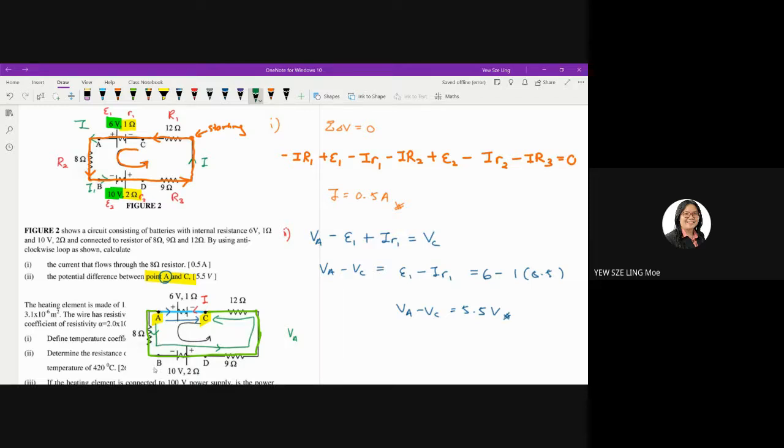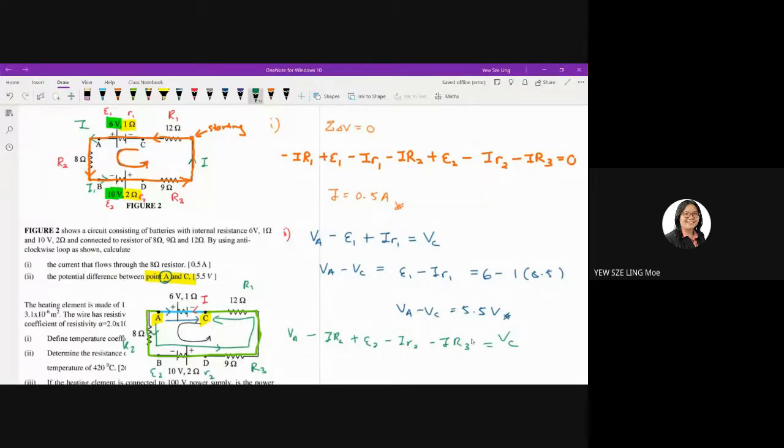If you got everything right, this is my R1, this is my R2, this is my R3, EMF2, R2. You should have minus IR2 plus EMF2 minus IR2 minus IR3 equals, not 0, sorry, VC, your final value.